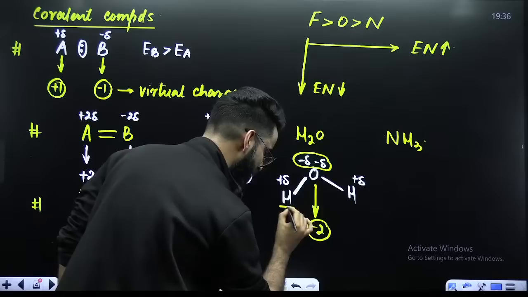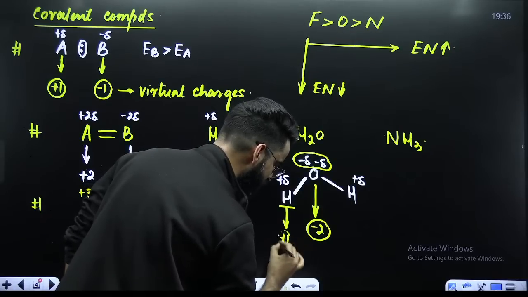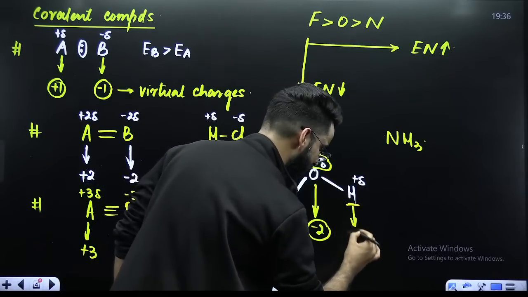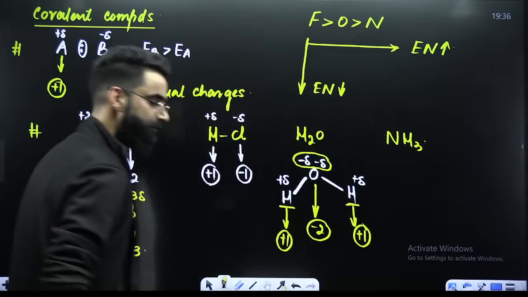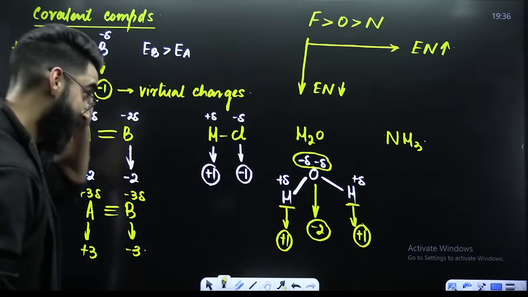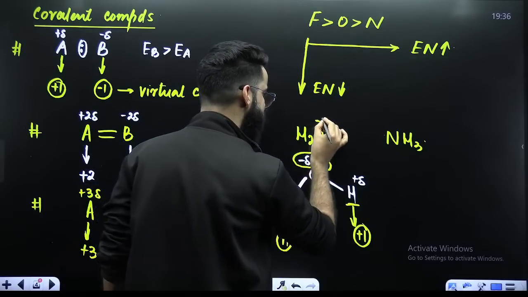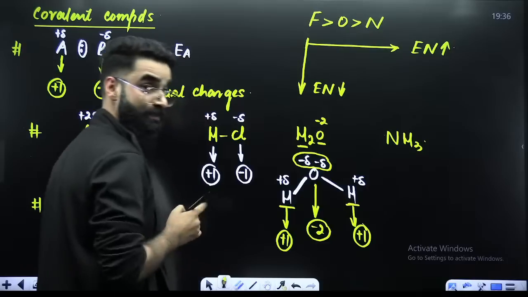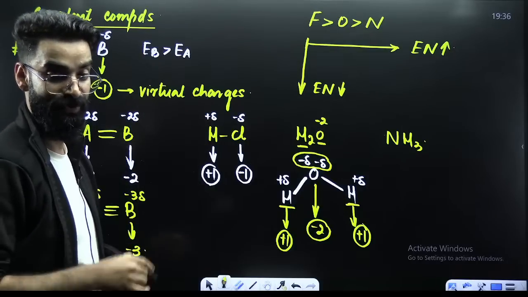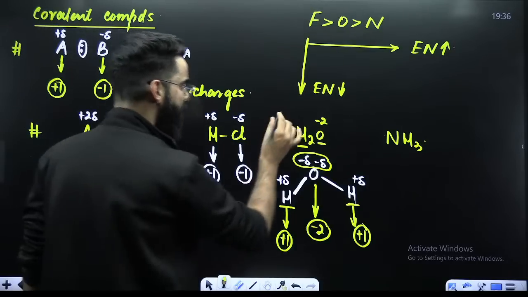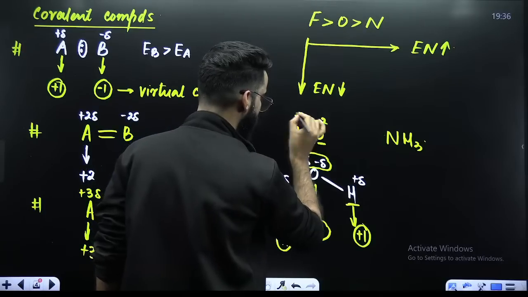What is the oxidation state of this hydrogen? You'll say +1. And of this particular hydrogen? You'll say +1. Now, on the top of oxygen in water, I'll write -2. On the top of hydrogen, should I write +1 or +2? On the top of hydrogen, I should be writing +1. Okay?